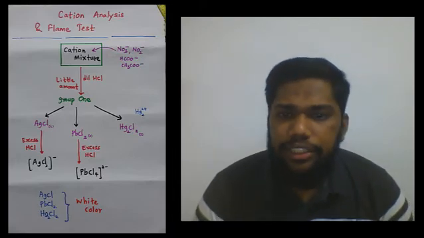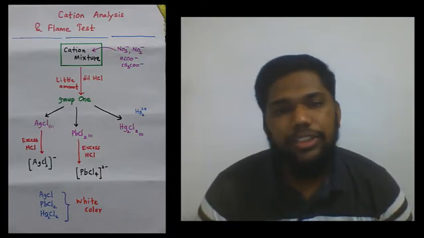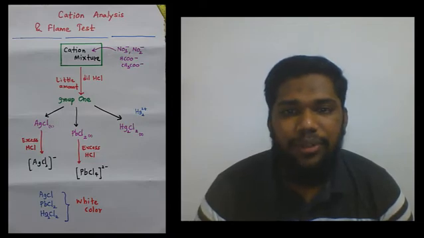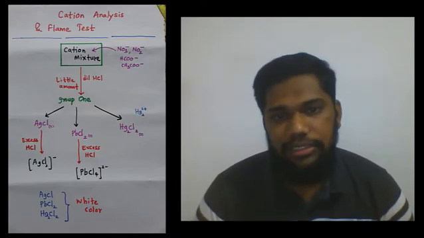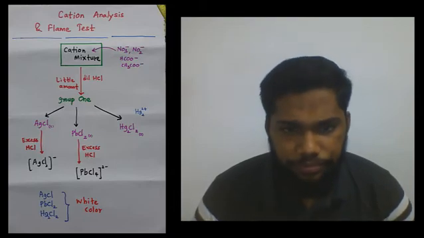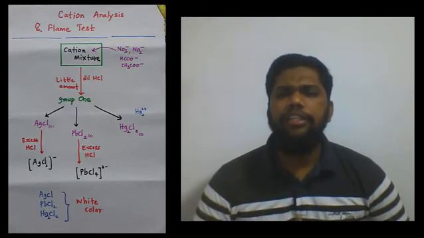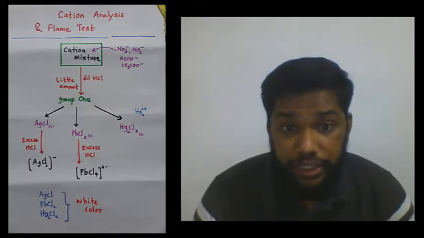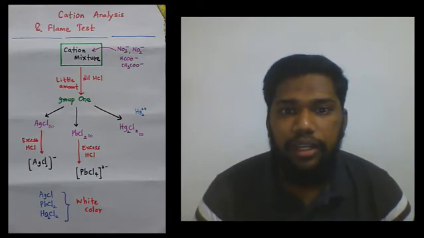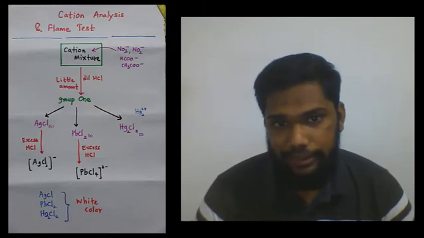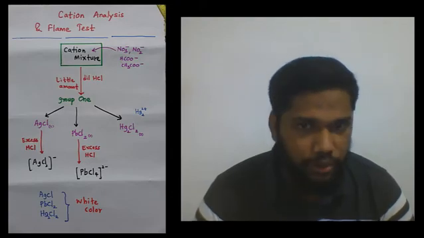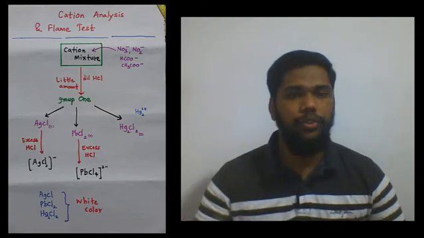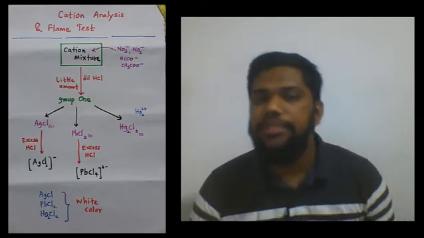In the case of Hg2Cl2, there is no problem if you add excess HCl, because mercurous chloride complexes are really unstable, so it will not dissolve. Further information about PbCl2: it is a nice white precipitate, and if you heat it, that means hot conditions, it will dissolve, and when you allow it to cool at room temperature, the precipitate reappears.